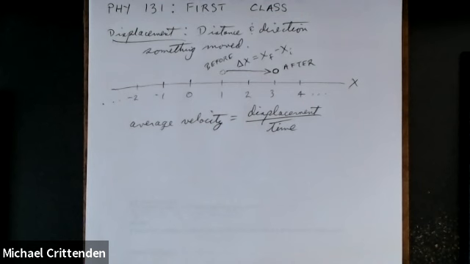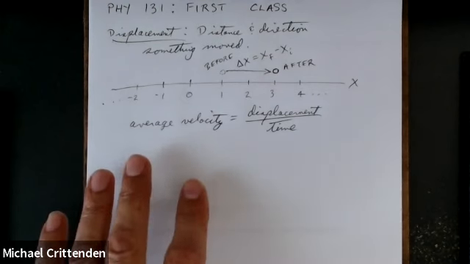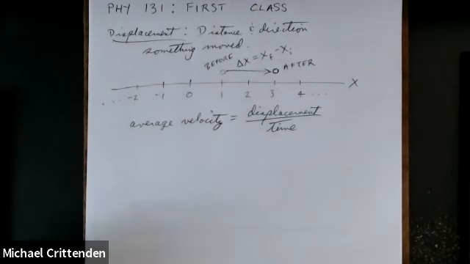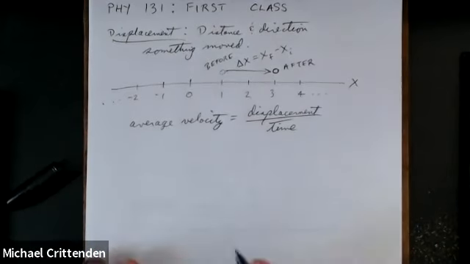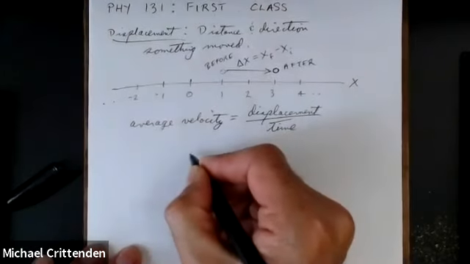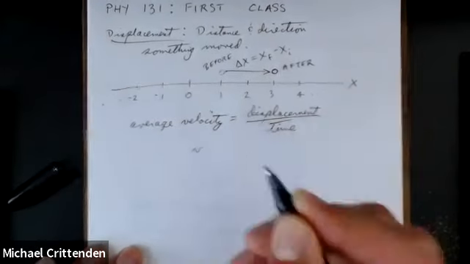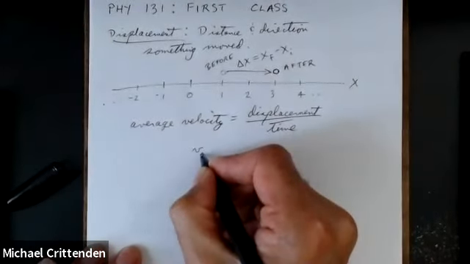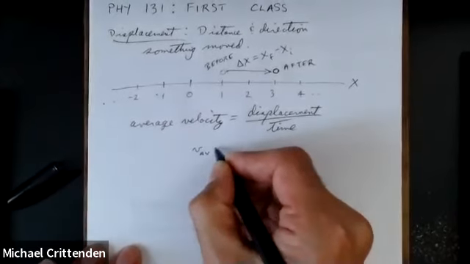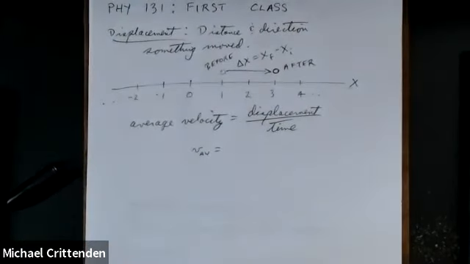Physicists try to be as lazy as possible about what they write down, make their notation nice and compact so it takes less time and less space. And so instead of writing out a phrase like average velocity, usually we do something more like V for velocity and put some sort of a subscript on it that means average.